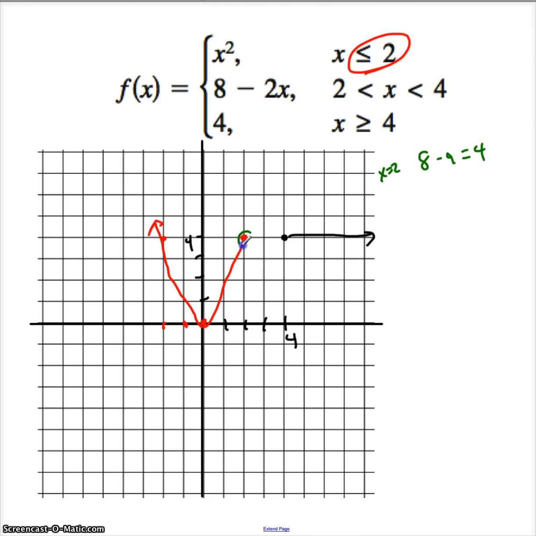Okay, I'm going to put a circle here, open. And then at x equal 4, this is equal to what? 8 minus 2 times 4 is 0. Okay, so it's going to be down here. And we recognize it's a straight line, and you'll get out your handy-dandy ruler, which I don't have, and you will draw a much better line than I do. So you should be able to do these, very straightforward and much more neatly than I just did.